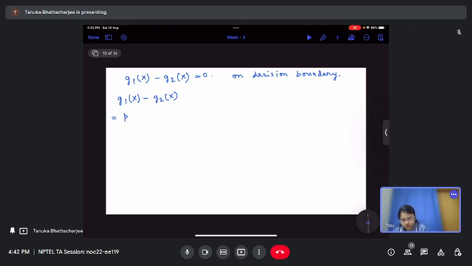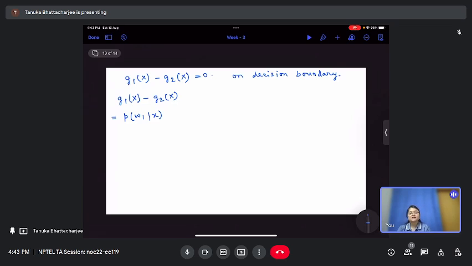So this will be equal to probability of omega 1 given x. Or, since this is a normal distribution, taking the log will simplify things, because for a normal distribution you will have an exponential function. So if you take the log, things will become more simplified, and we also know that if we take a monotonically increasing function of some discriminant function, it again remains a discriminant function.